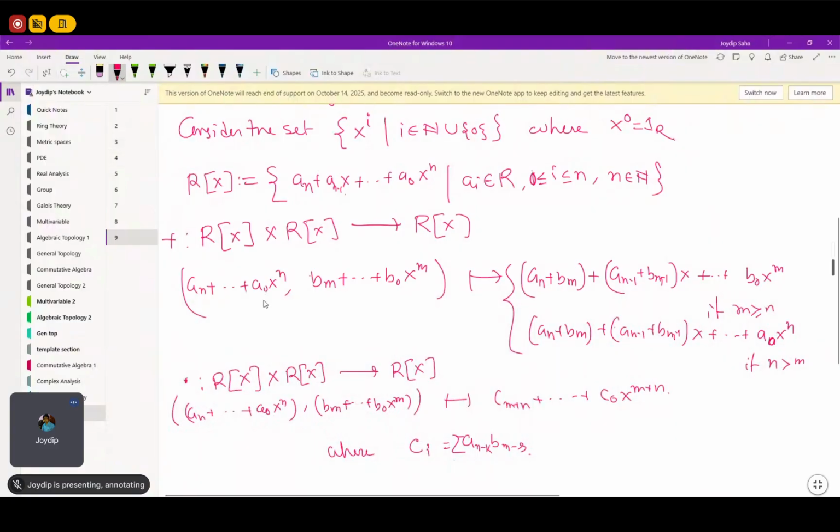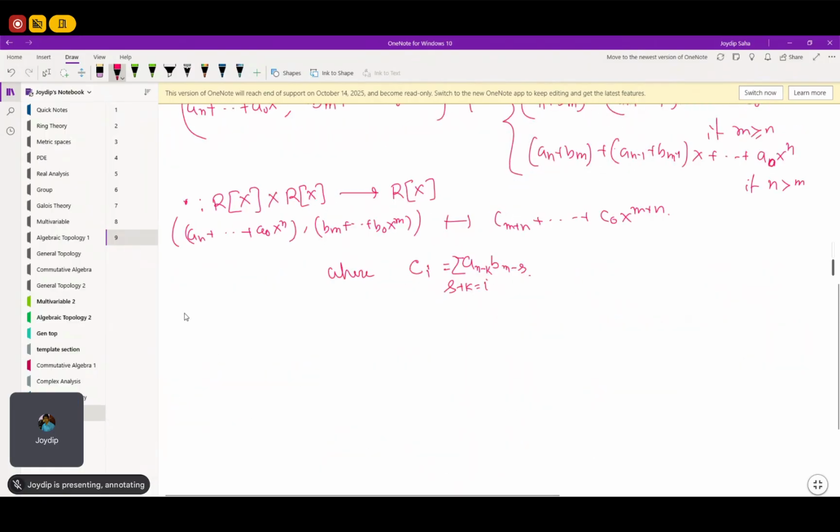That is better. Cauchy product. So check that R[x], plus, dot is a ring.